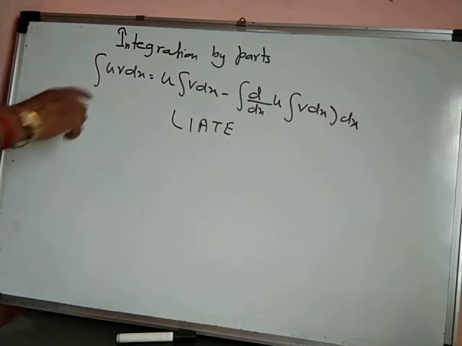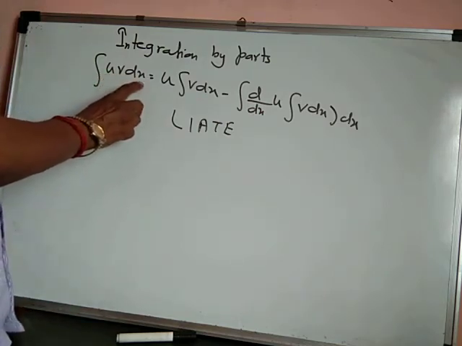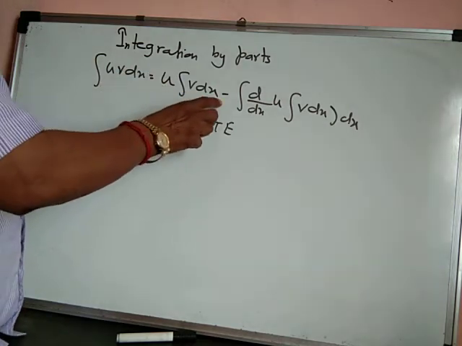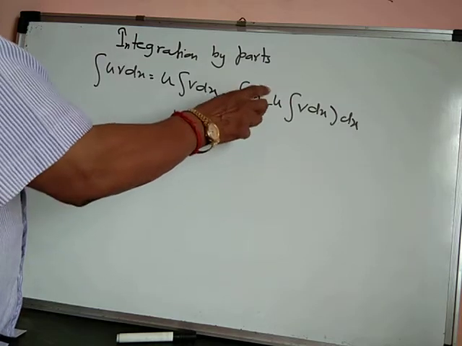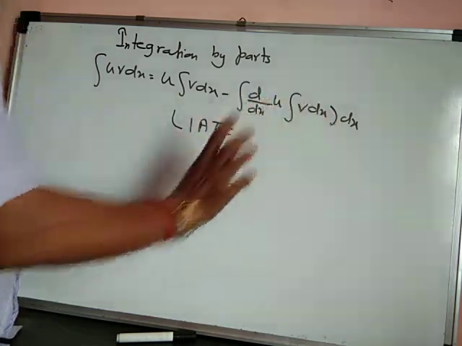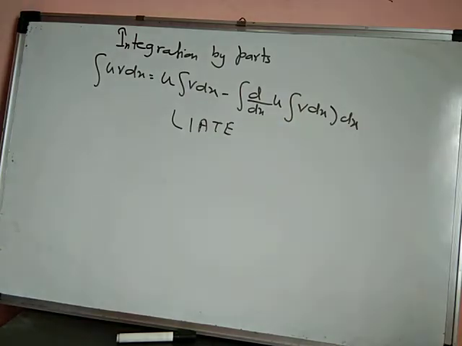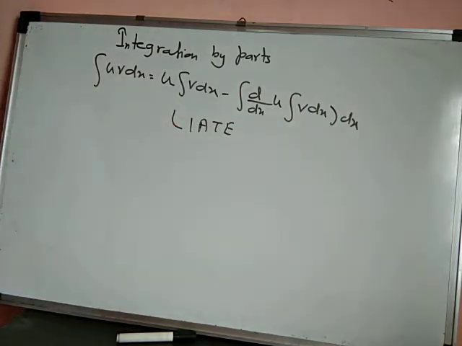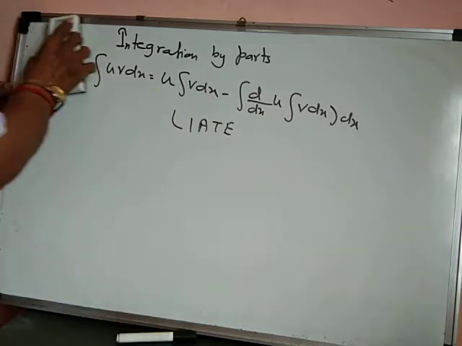So integration of u into v dx is first term into integration of second term, minus integration of derivative of first term into integration of second term dx. The selection of u and v is decided by LIATE.